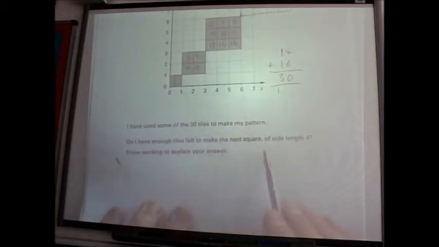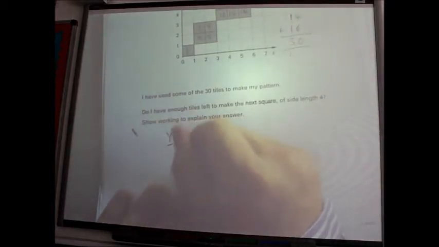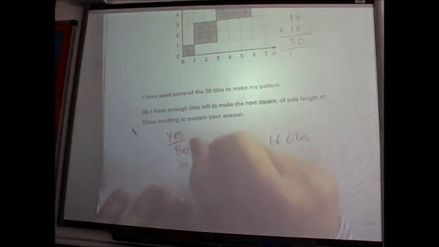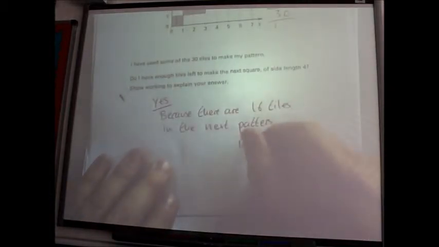Do I have enough tiles to make the next square? So yes, she does, because there are 16 tiles in the next pattern. And then I'd put that sum again we've done there just to show off that you've done the workings.